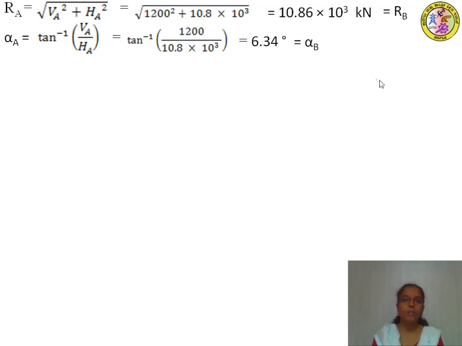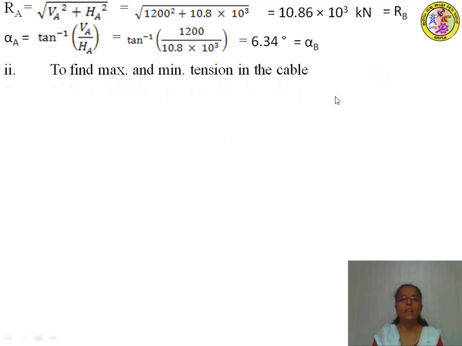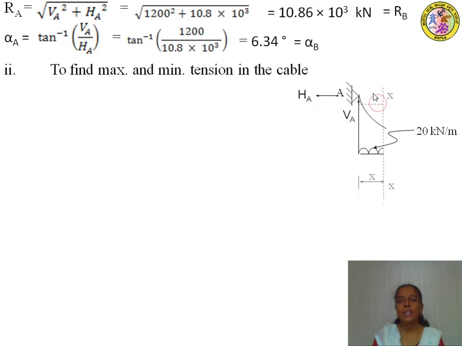Okay, so next step is to find maximum and minimum tension in the cable. So we don't know where exactly the maximum and minimum tension occurs. Therefore, let us consider any section XX at a distance x from the left end. Let x be the horizontal distance measured from the left end.